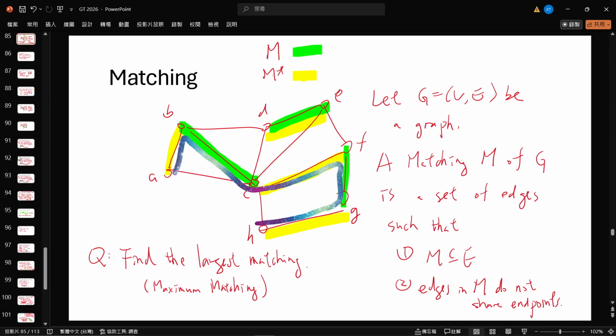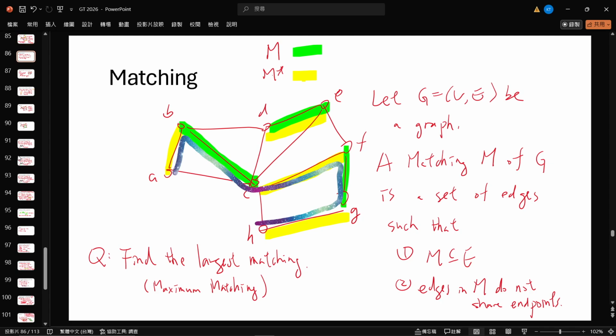So if your matching already saturates all the vertices, then this is the best. So in short, if your matching can saturate all the vertices, then obviously this is the maximum matching, okay? But this may not be the case for all graphs, because for some graphs, the maximum matching cannot saturate all the vertices, okay?